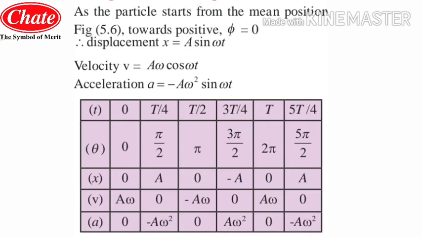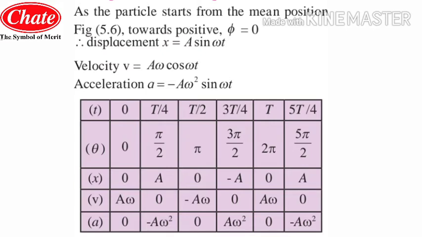Now students, we will obtain the values of displacement at the respective time and the respective angle theta, one by one. As we have obtained the equations for displacement, velocity and acceleration, first we will calculate the values of displacement. For the first value, theta is 0 and the time t is also 0.